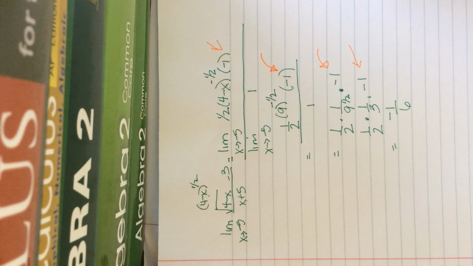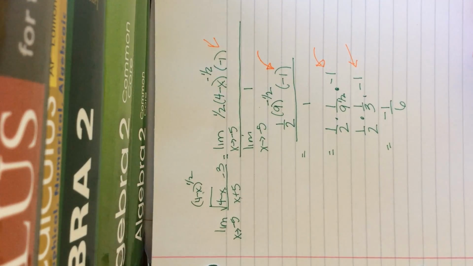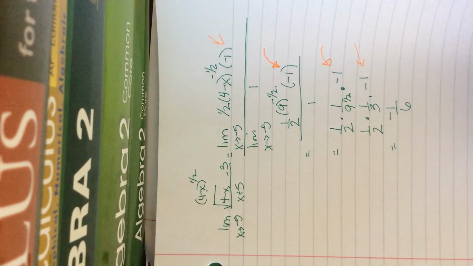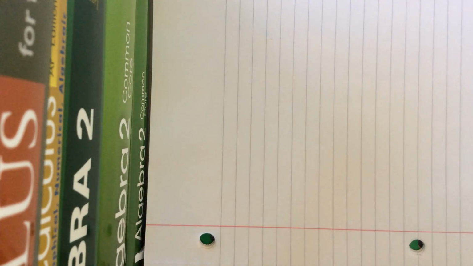Okay? All right, then moving on to the next example. All right, flipping to the back. The next example is going to be an example where we get to use L'Hopital's rule multiple times.